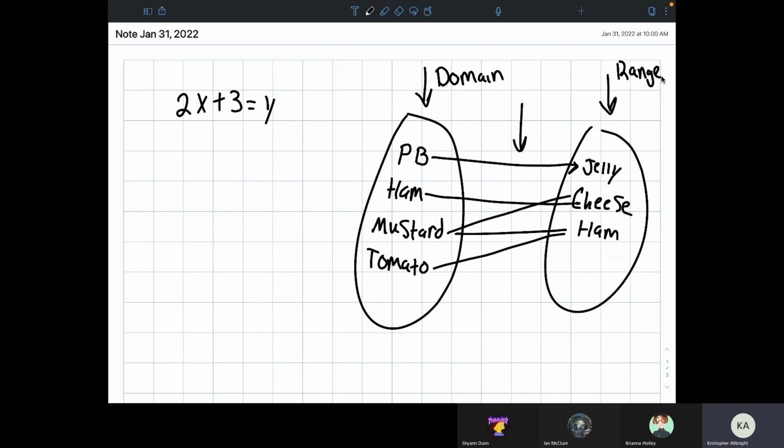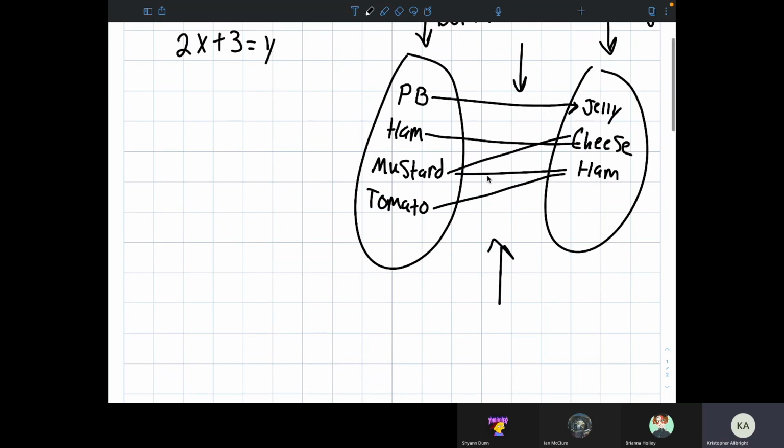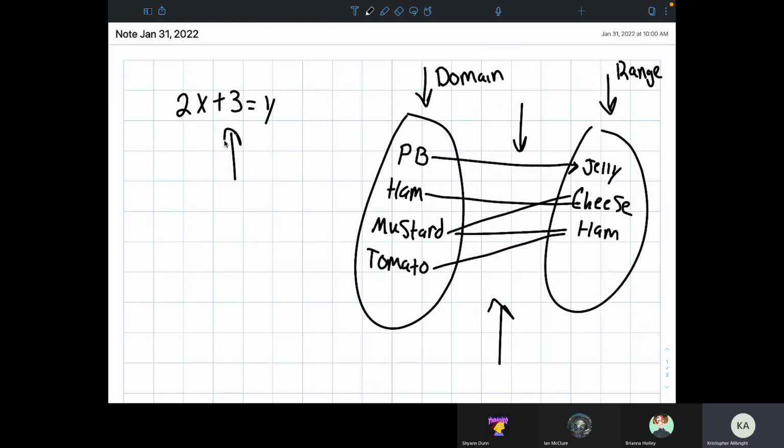And domain and range can overlap, and that's perfectly fine. Numbers, though, they give us a little extra ability when we do things like this. They give us the ability to create relationships between things that aren't just listed like this.